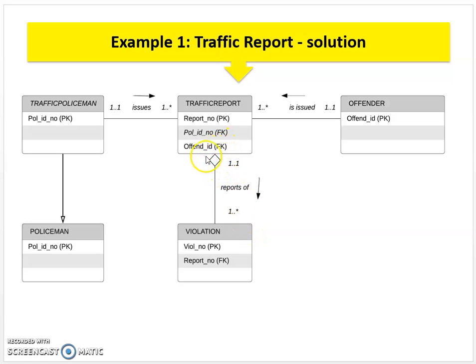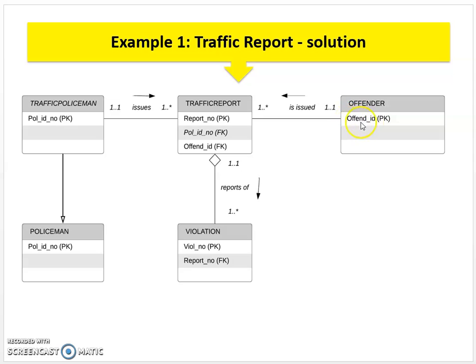The aggregation part, again, is that a violation is part of a traffic report. And these two have separate lifespans, meaning the violation does not only depend on the traffic report, and that also means a violation can still exist without having a traffic report. Moving towards this side, a traffic report is issued to one offender.